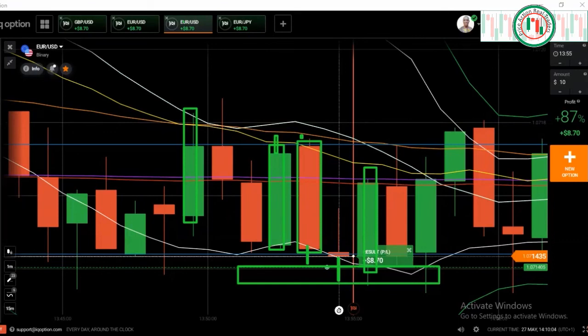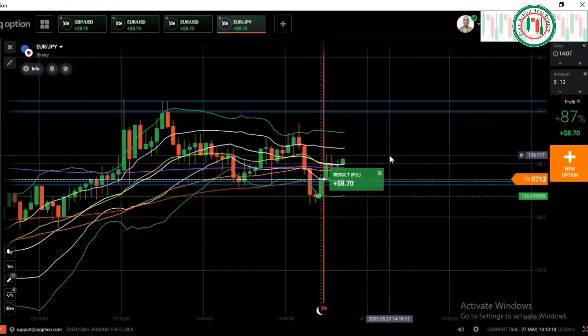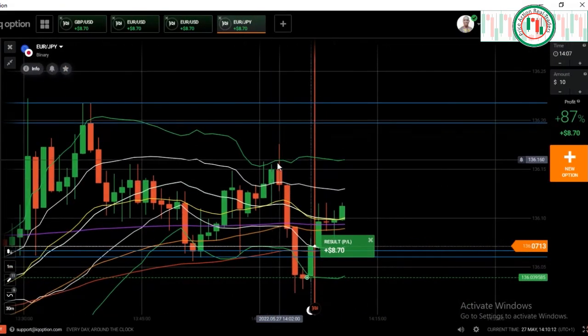Then the last trade, number 4. Even though you see momentum here, what I can see, first of all, is the market is ranging. If it is a trending market, you should not place your trade here, because I have explained what you're supposed to do in trending market and in ranging market.